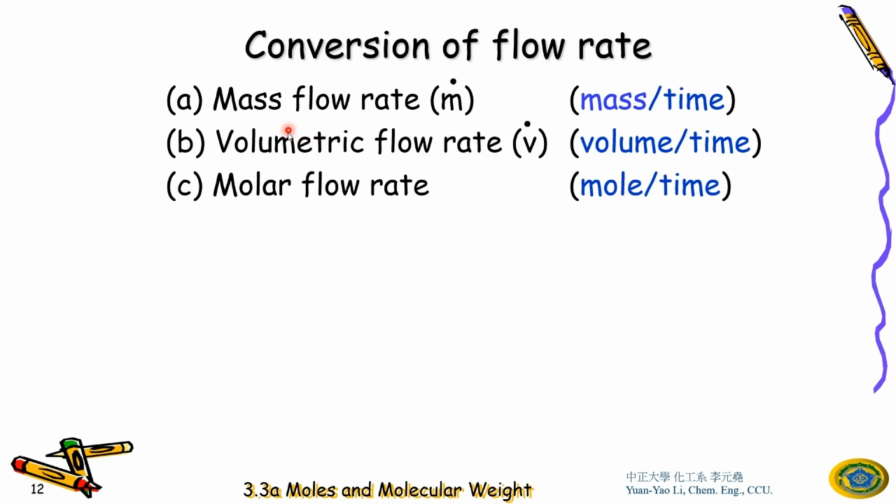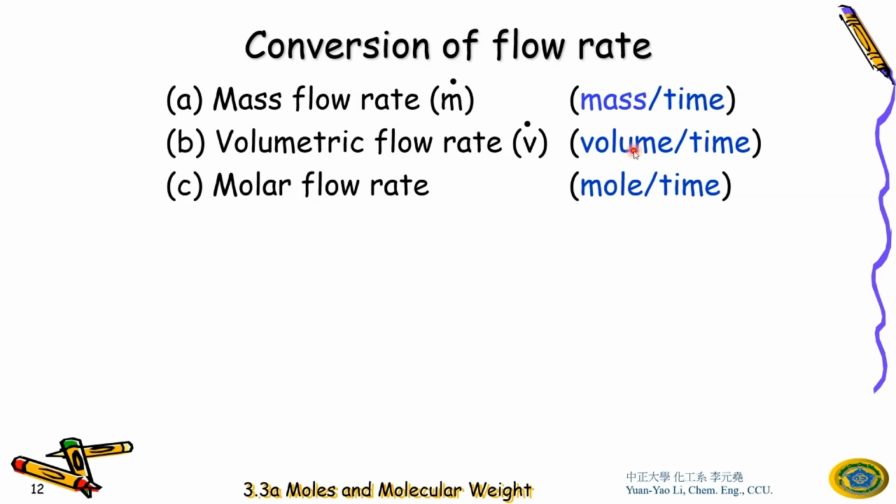You got the data and you convert to mass flow rate. That's okay. And if I ask you, can you tell me the molar flow rate? We now understand mass flow rate is mass divided by time, and volumetric flow rate is volume per time. Now how about molar flow rate? Of course, you understand it's mole per time, right?